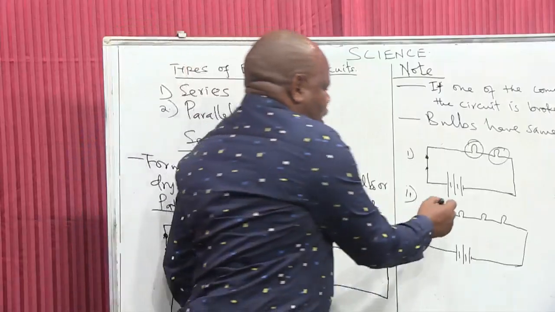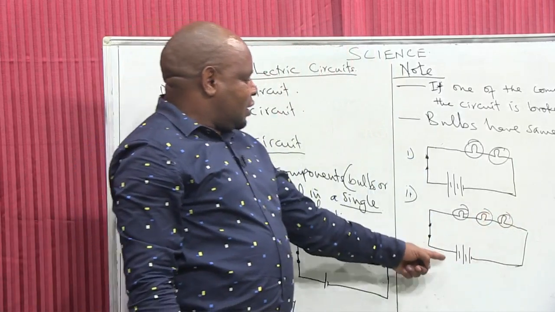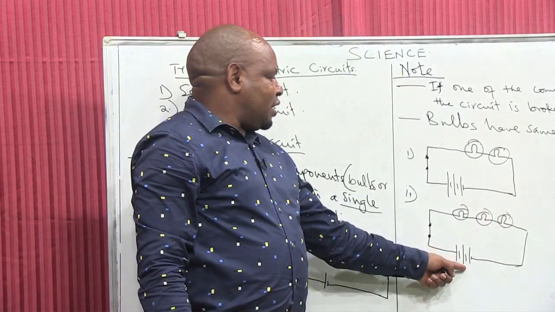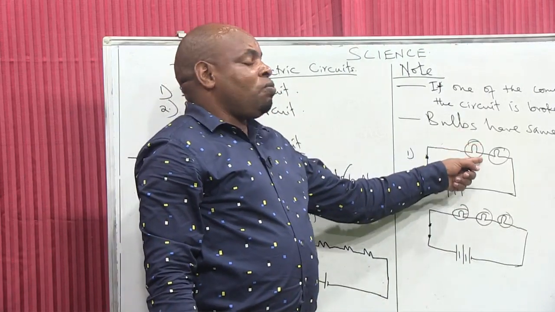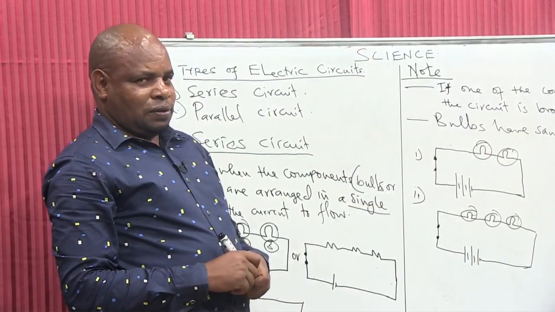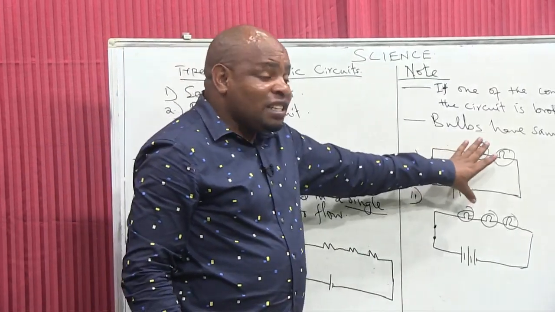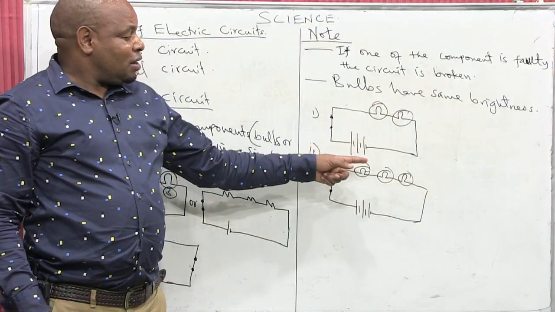The second one, you have 3 bulbs arranged in series, 3 dry cells. 3 dry cells, 2 bulbs. We note something here in terms of brightness of these 2 circuits.